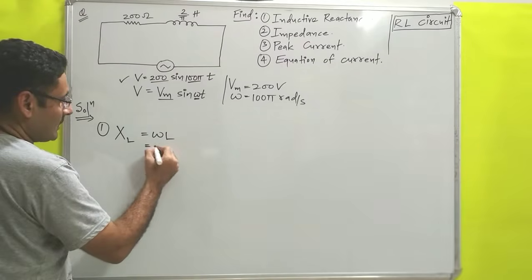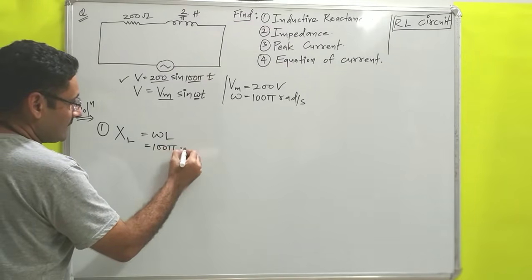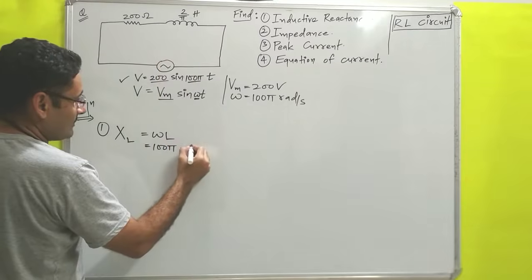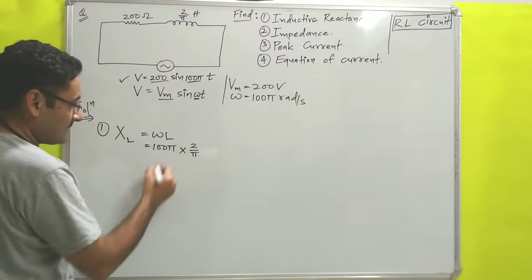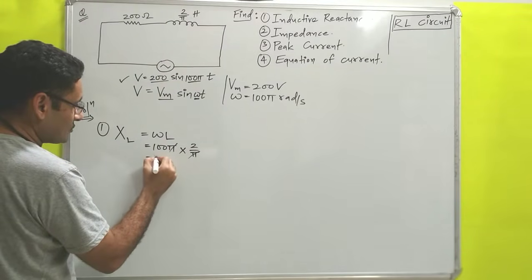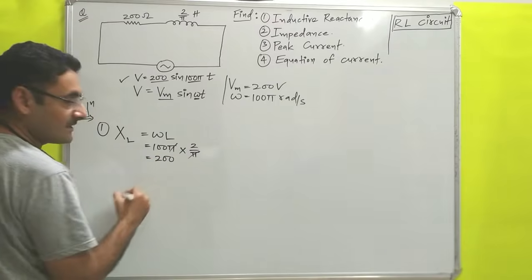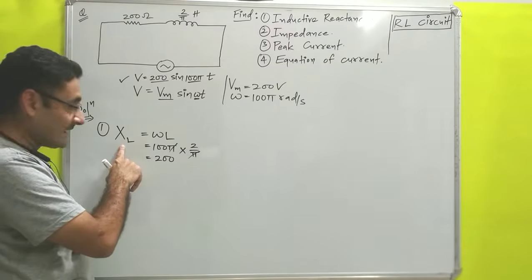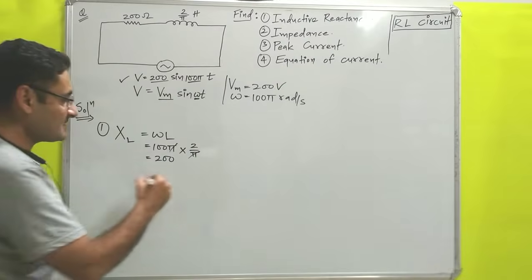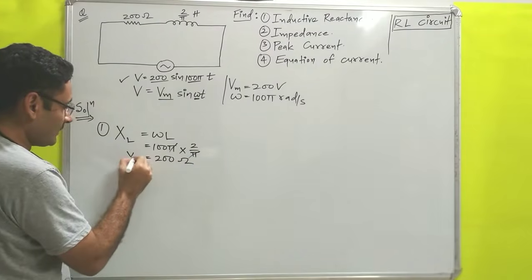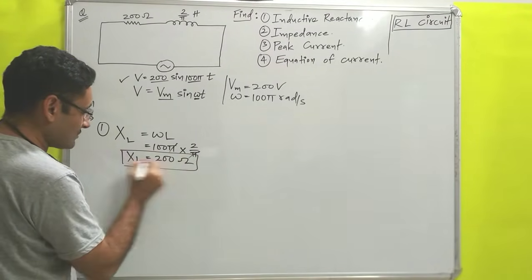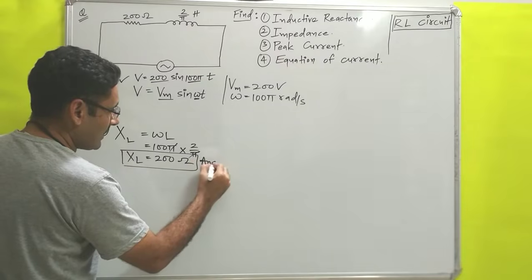Omega is 100 pi, and inductance is 2 by pi Henry, so pi will get cancelled. That will be 100 into 2, 200, and the unit of XL is ohm, since it is a type of resistance. So the first answer you are getting is 200 ohm.